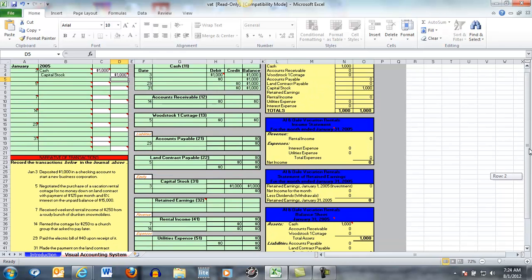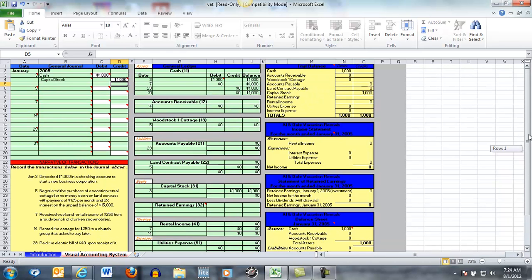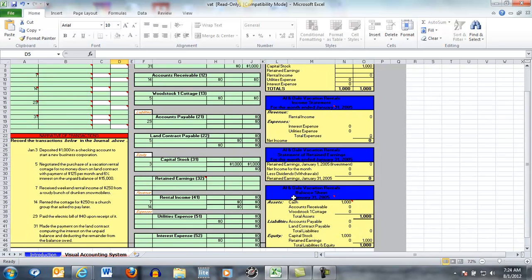So that's the visual accounting tool, the VAT, an entire accounting system on one screen to give you the bird's eye view, to give you the big idea. You're going to be walking through this process during this course. It starts out with you keeping this basic equation true, and then we expand it so that we understand there are various types of assets, various types of liabilities, various types of equity, and we can continue to expand the system to suit our needs.